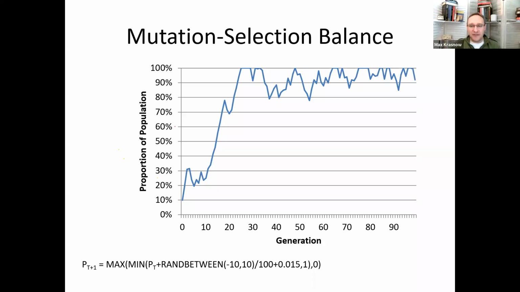Modeling a simple example of that, we can imagine that this gene is under a small force of selection, say 1.5%. That's that 0.015 in the term. And it also experiences some rate of random mutation that sometimes pushes it up and sometimes pushes it down. Running this model over time, we can see selection pushing that trait up to fixation, but mutation perturbing the fixation, pushing it down.